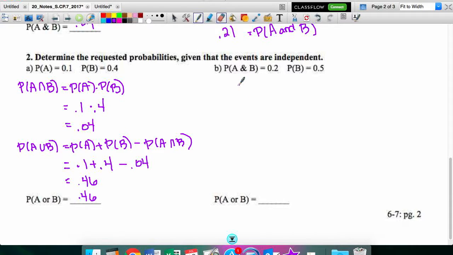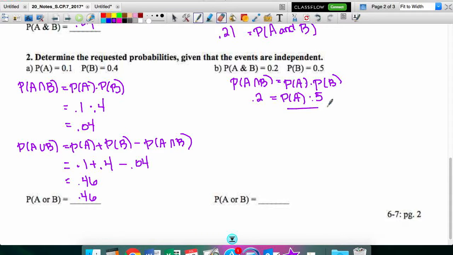We're going to do essentially a similar thing using the AND independent formula. A and B is equal to the probability of A times the probability of B. But this time we're going to solve for A. So we know the AND is 0.2, we don't know the probability of A, and we know the probability of B is 0.5.